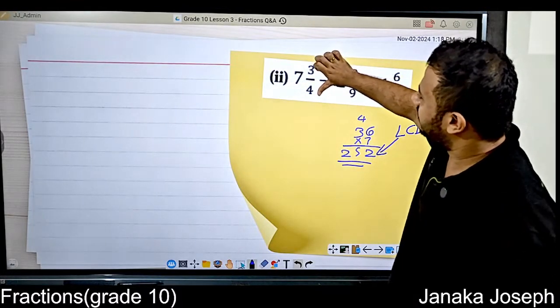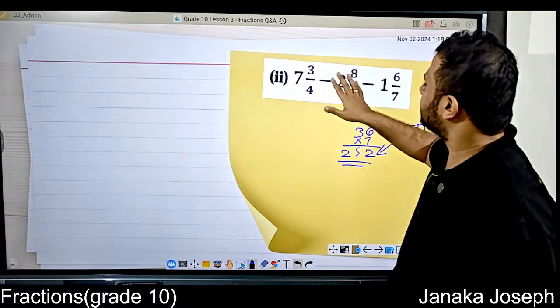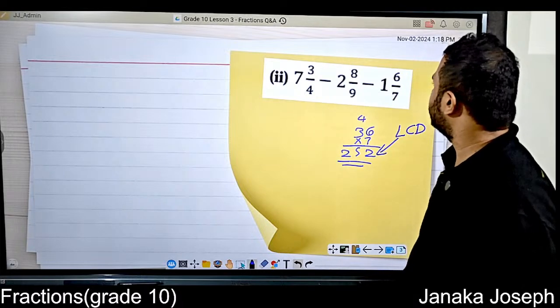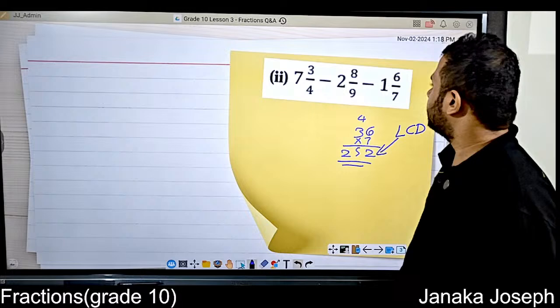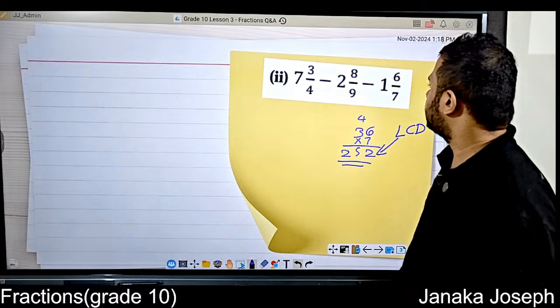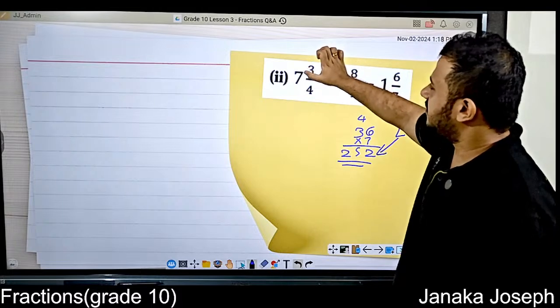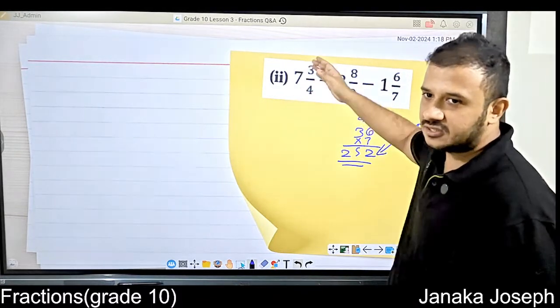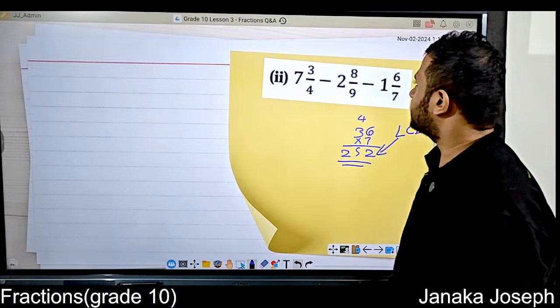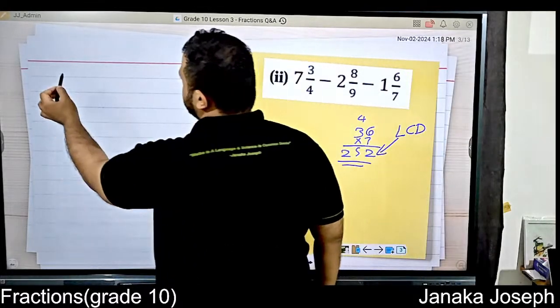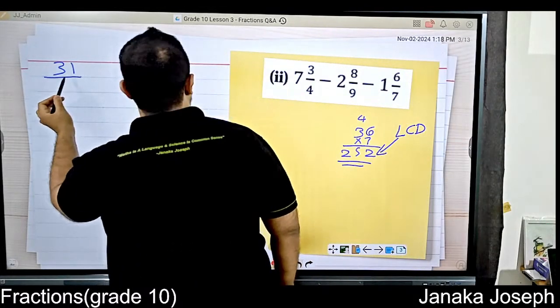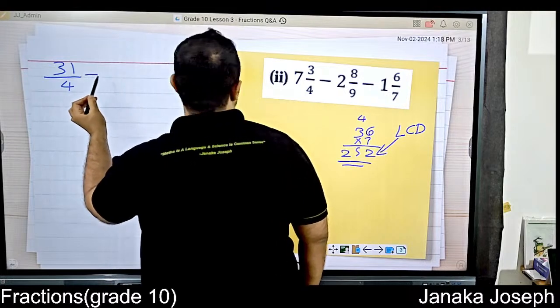Anyway, let's do it. But anyway, let's work it out normally. 4 times 7 is 28. 28 plus 3, that's 31 out of 4, minus.